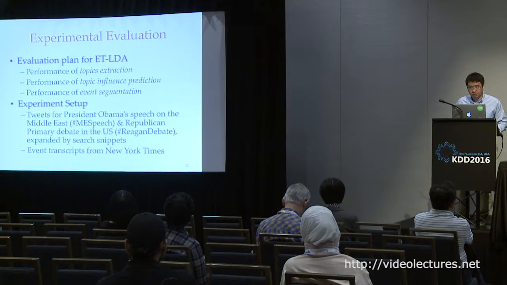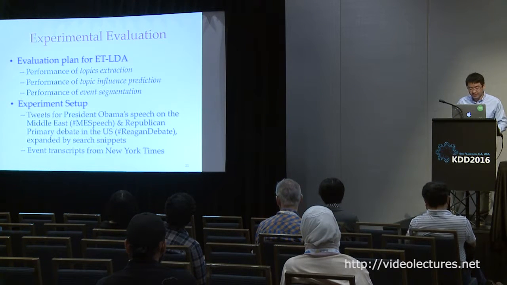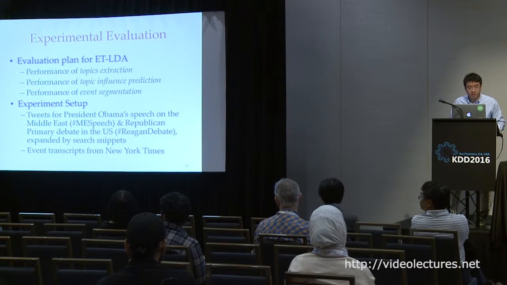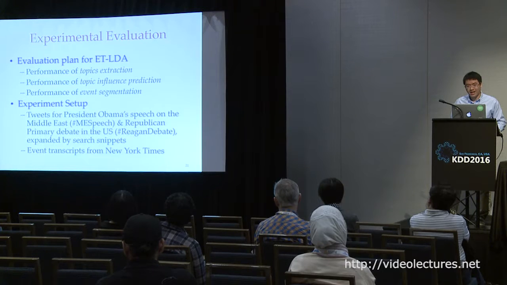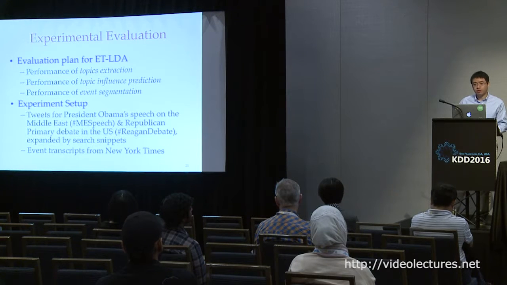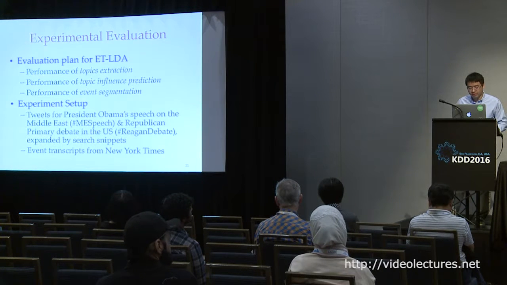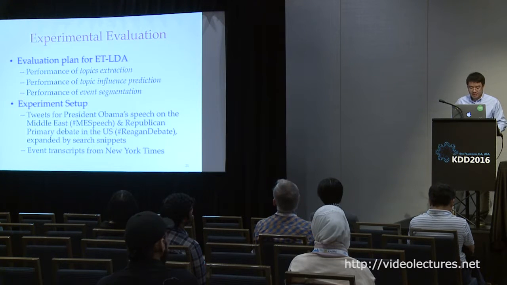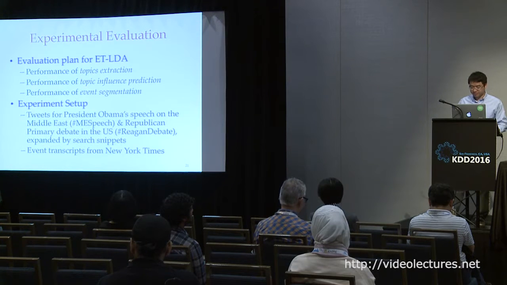To set up the evaluation, we obtained the tweets from President Obama's speech on the Middle East using this specific hashtag, #MeSpeech. Again, all the tweets tagged with this hashtag are relevant to this event based on our assumption. We also get data from the Republican primary debate in the US using the Reagan debate hashtag, and we get the event transcript from the New York Times.